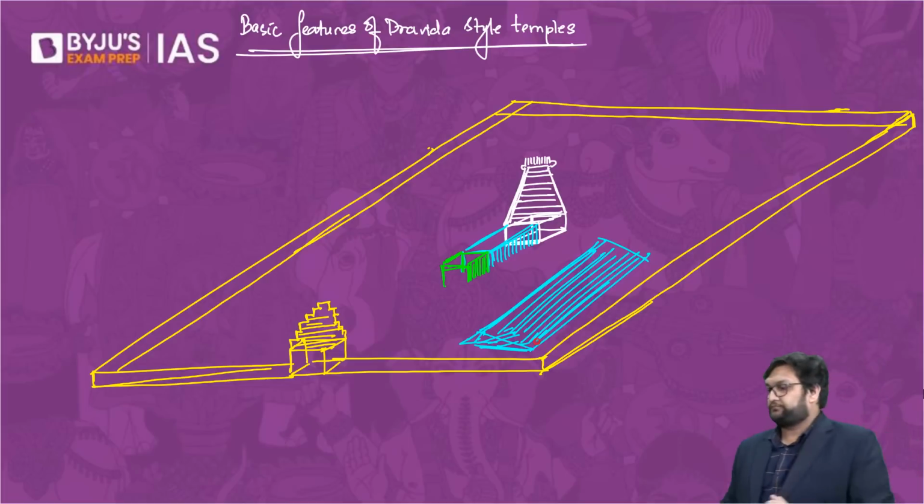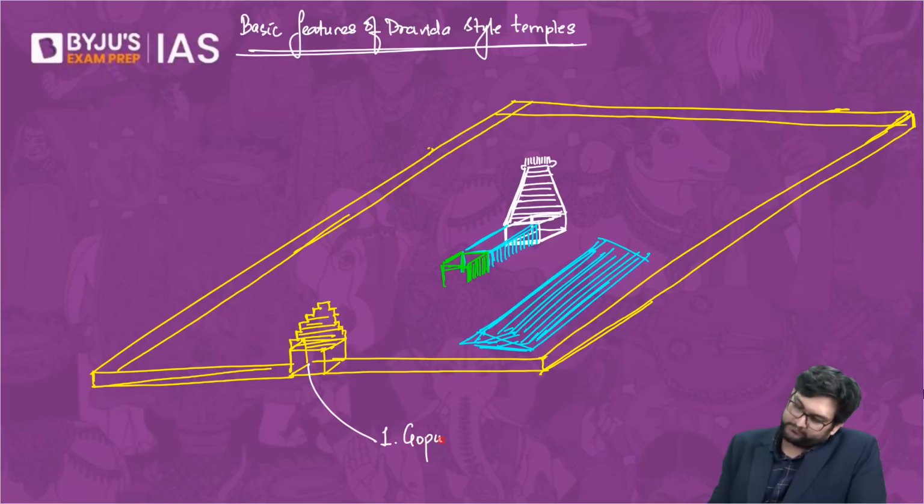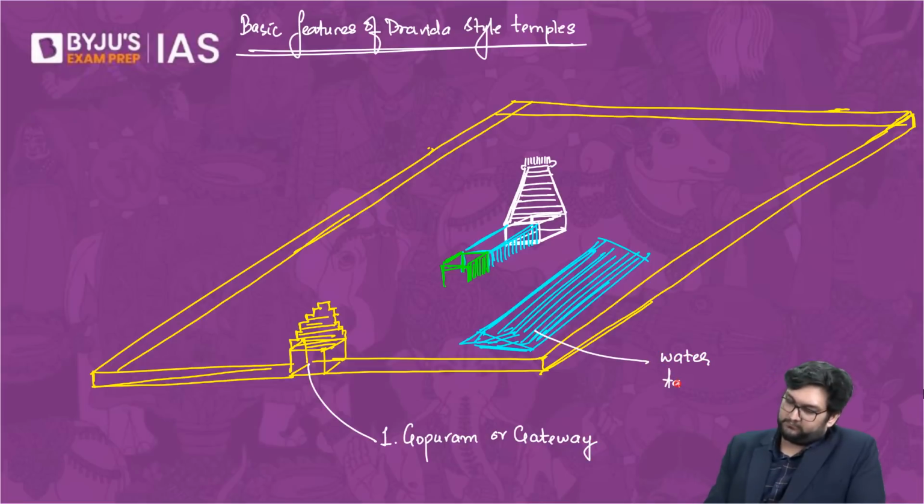Okay. First feature, Gopuram or gateway, water tank, boundary wall.